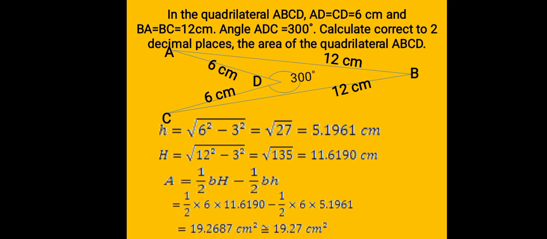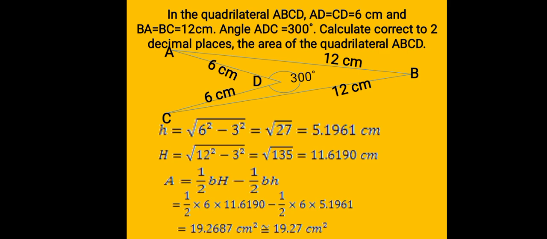Now the height of triangle ABC, having also the base of 6, which we have divided into 2 to get the base for which the height is formed, we get it to be: the hypotenuse being 12, we square it, minus the base 3, we square it. The height we get to be 11.16190.